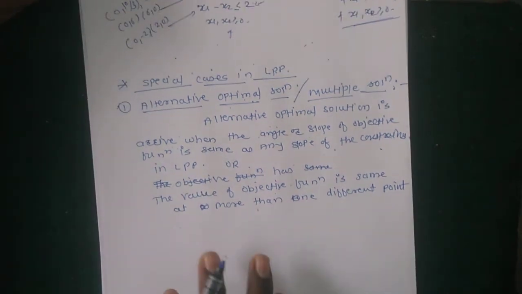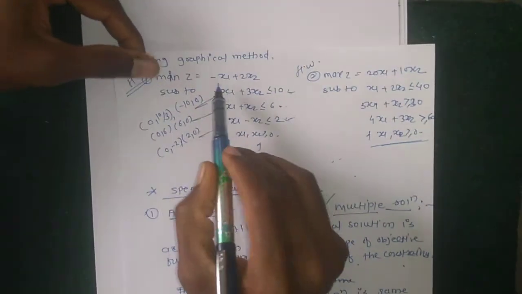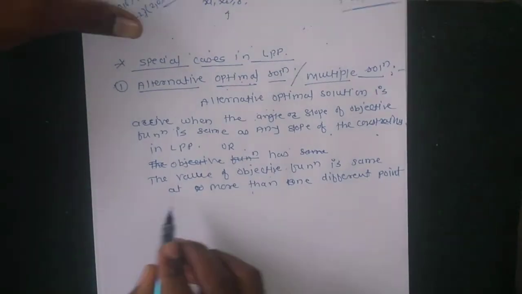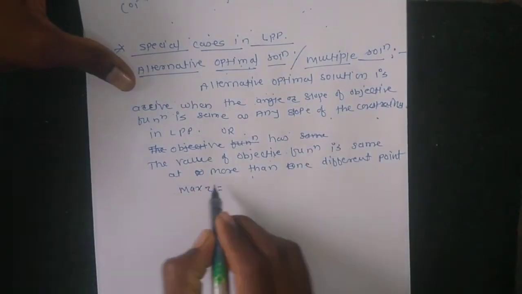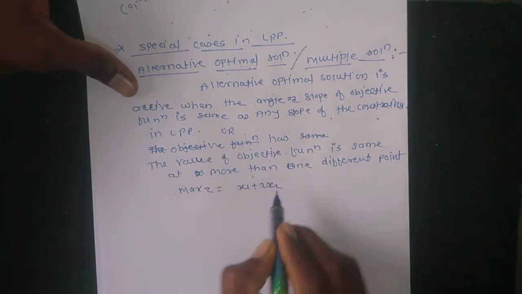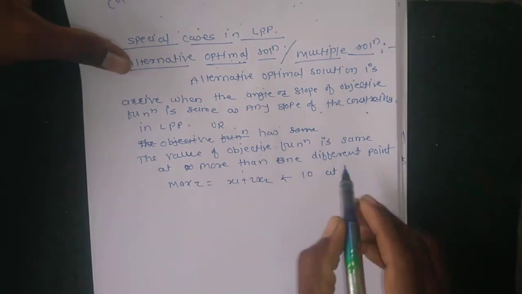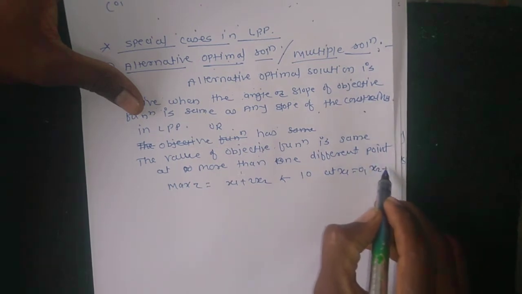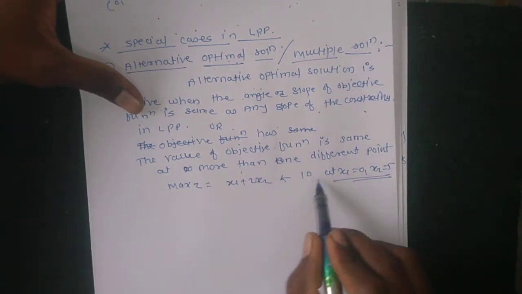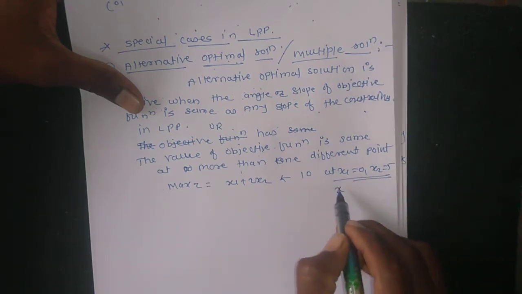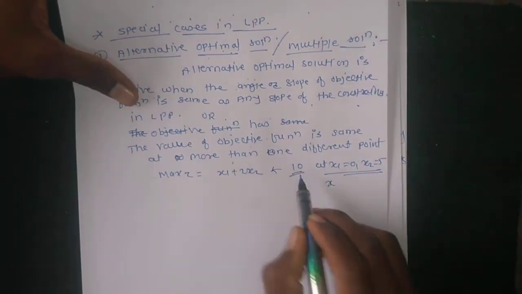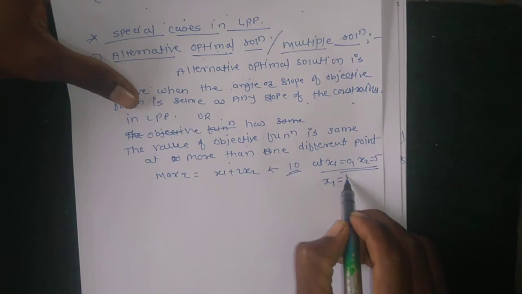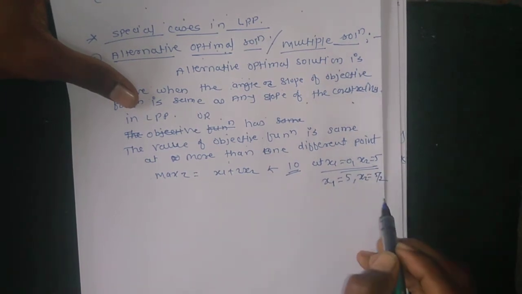Suppose in the previous example the objective function is maximize z equals x1 plus 2x2, and it has a solution of 10 at x1 equal to 0 and x2 equal to 5. Similarly, if any other point exists such that the value is also 10, suppose x1 is equal to 5 and x2 is equal to 5 by 2.